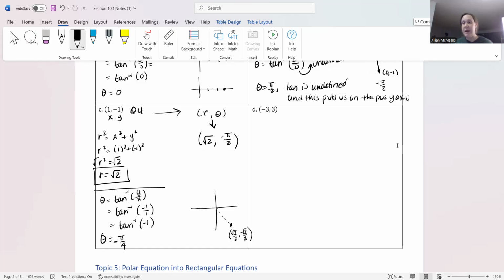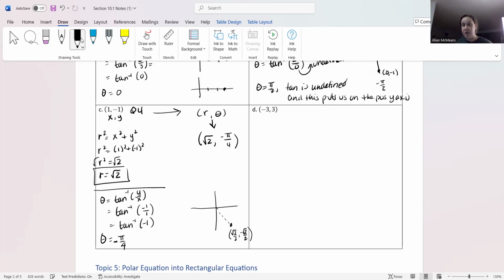Sometimes you'll be asked to find your polar coordinate points, and you might be limited to looking for points from 0 to 2 pi. Well, negative pi over 4 is not from 0 to 2 pi. So if you end up with a situation like that, you could just add 2 pi. So you are totally fine by saying negative pi over 4.